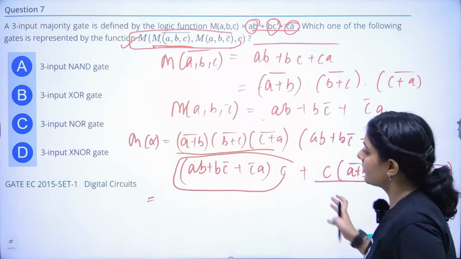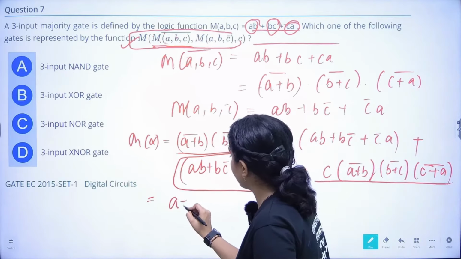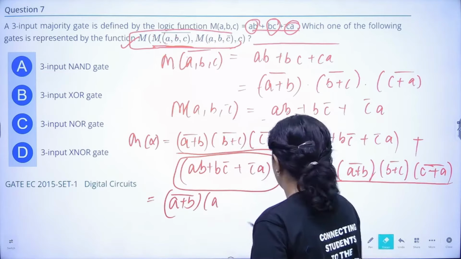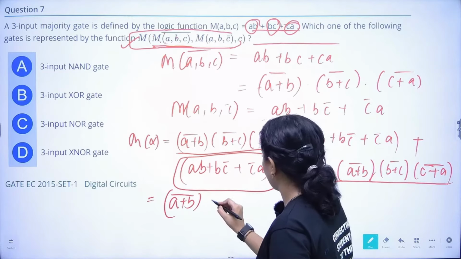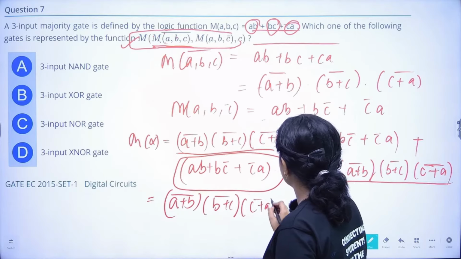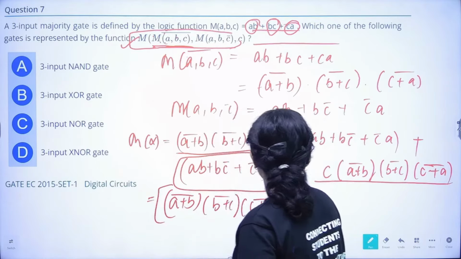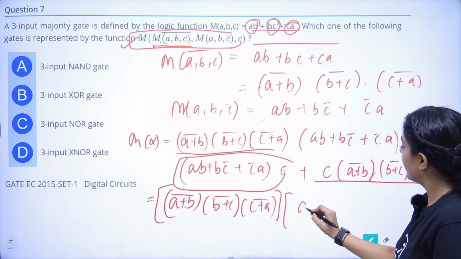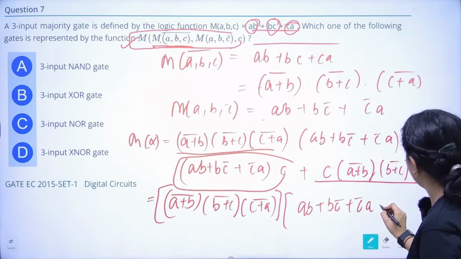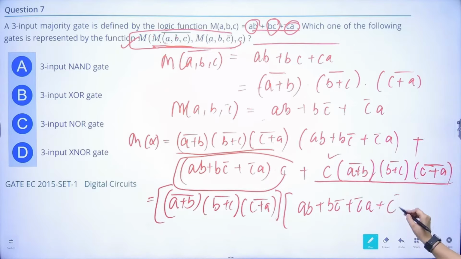So let's take this common, A plus B whole bar, B plus C whole bar, C plus A whole bar. I'm taking this common, so terms will be AB plus BC bar plus C A bar, and this term C.